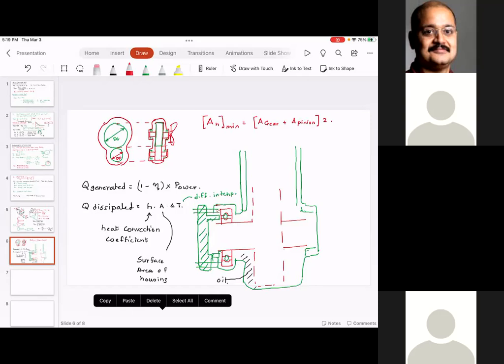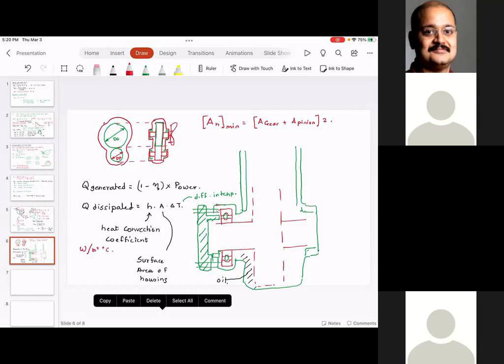So this coefficient could be 0.25 to 0.5 to 0.8, that you can refer to the design data book, and it will tell you the value of the heat transfer coefficient in watt per meter square degree Celsius. So H is given as watt per meter square degree Celsius.